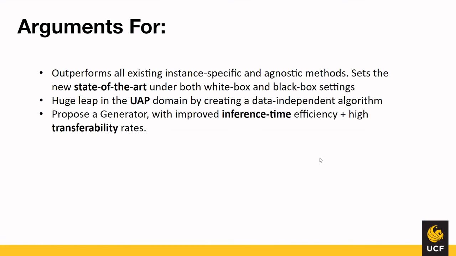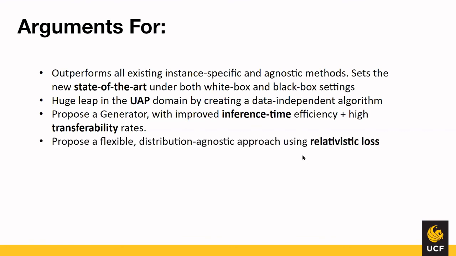They propose a generator whose inference time and efficiency is faster, and their transferability rates are also high. The proposed loss, which is the relativistic loss, is very flexible, and it is mostly distribution agnostic. Hence, it doesn't require the labels, that is, the target labels.